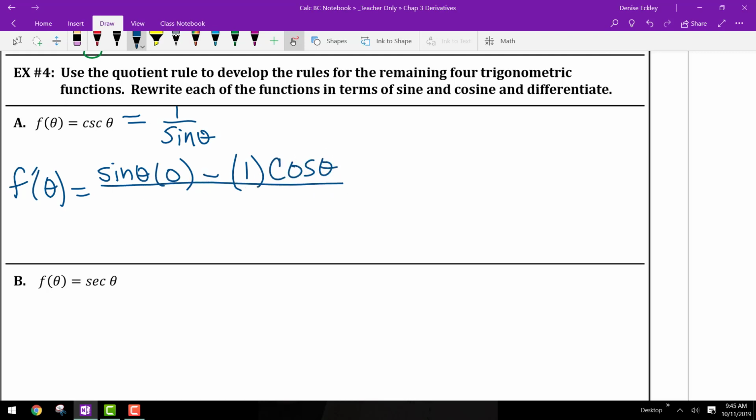And this is all going to be over the denominator squared. So when we simplify this, we're going to get negative cosine theta over sine squared theta.